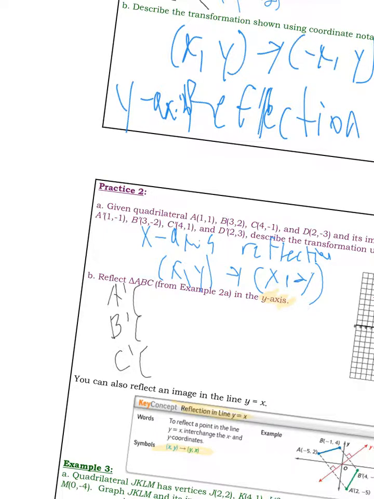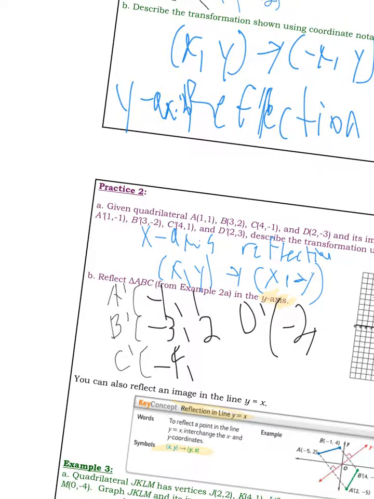So I just write -1, -3, and -4. Oh, I left out D over here. And -2. So that's just me looking at all the x coordinates and reversing them. And now I'm going to write down the y coordinates, the exact same number as the original.